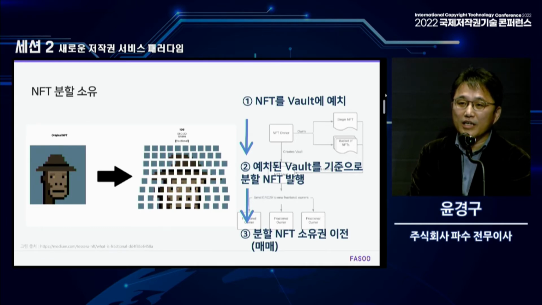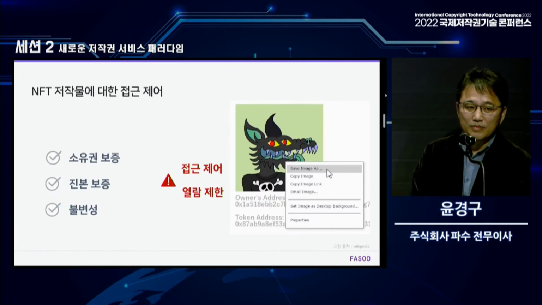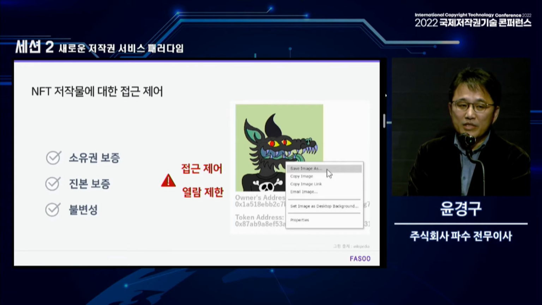The original token can be deposited in this vault. You can issue split fractions, and the split fractions can be traded as well. There's only one original token, but it can be split into different parts for transactions.